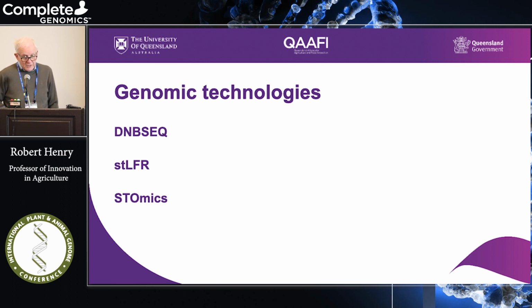The very exciting and very popular current application of these technologies, of course, is in spatial transcriptomics, the stomics method, where we are beginning to be able to cost effectively do transcriptomics in a spatial way.